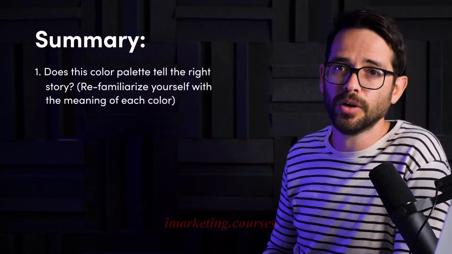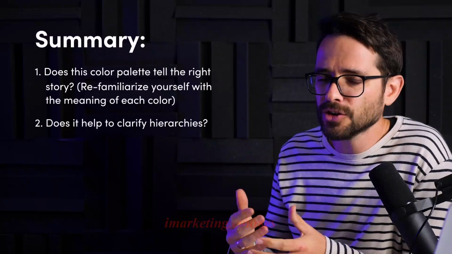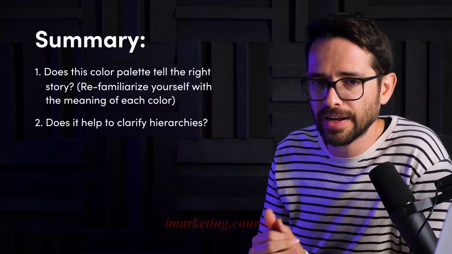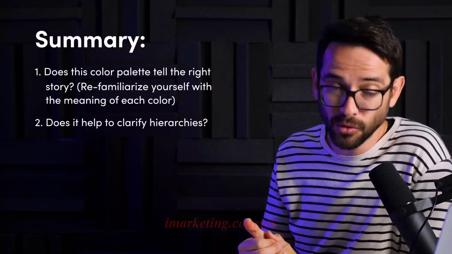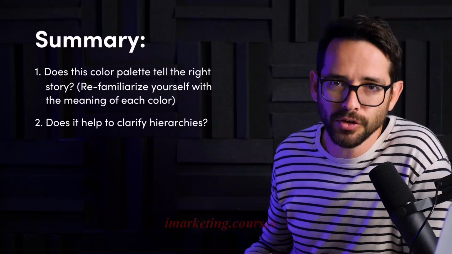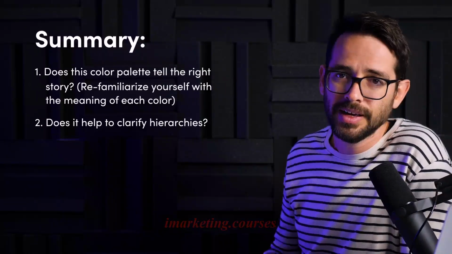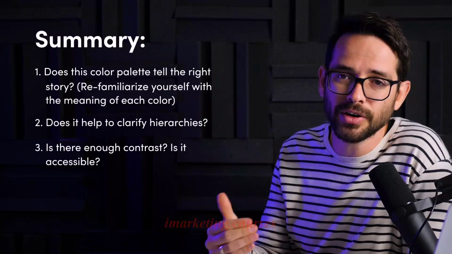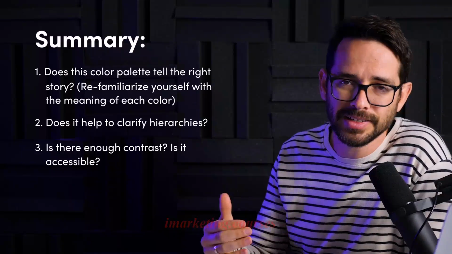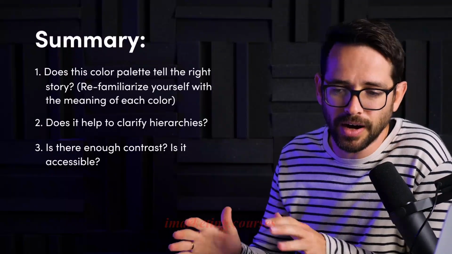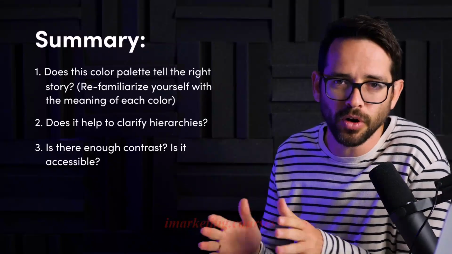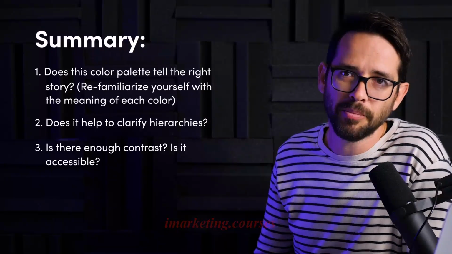That's question number 1. Question number 2, does the color actually help me to clarify the hierarchies in this design, or does it hinder and confuse the hierarchies in this design? Is there enough contrast? Is it accessible? Can people really tell what is what? They're not being confused by the color.